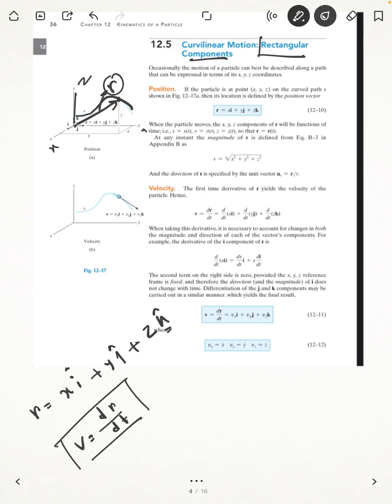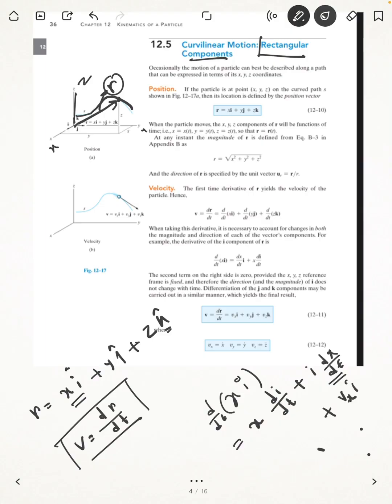Remember, there are two functions, one is x and one is i. If you take the time derivative, you have to apply the UV rule of differentiation: the first function times the derivative of the second, plus the second function times the derivative of the first. So I can write dx by dt as vx, times i cap, which is the velocity in the x direction.